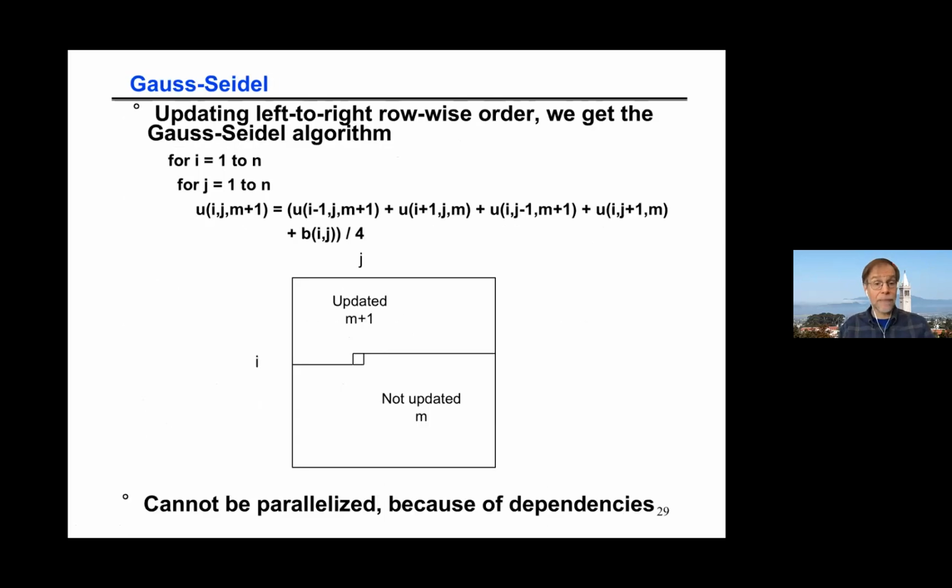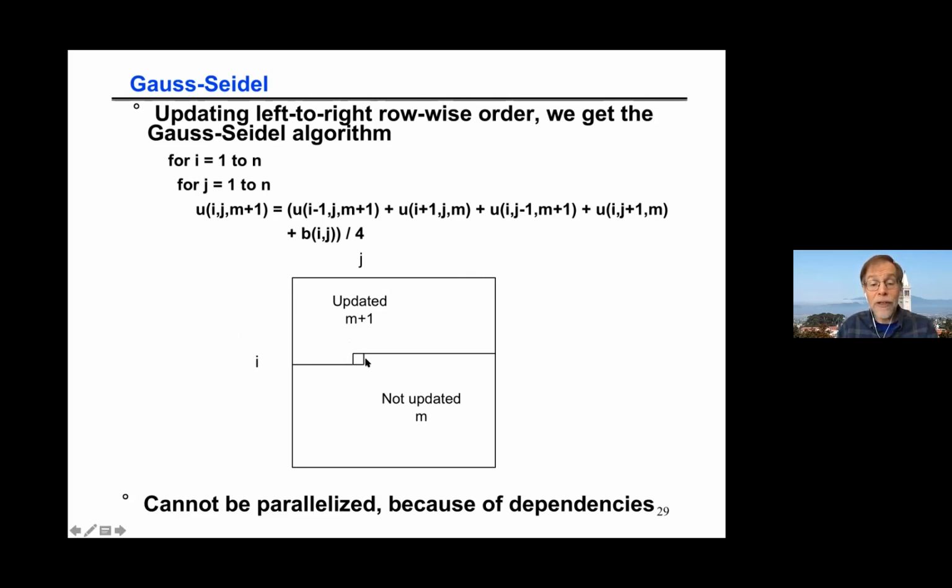So let's look at the most obvious ordering to do these updates, and ask if we can parallelize it. This algorithm is called Gauss-Seidel. Here's my square grid of unknowns, and I'm just going to go in row-wise order: update the first row, update the second row, update the third row. At any point in time, if I've updated the first i minus 1 rows, and I'm busy updating the ith row, and I get here, what is the latest data that's available to update this?